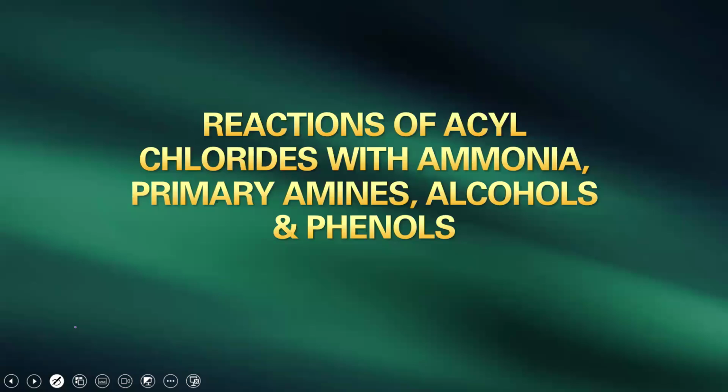They themselves are not very important, but they convert many compounds into useful organic compounds. So they are like a bridge connector. They are important organic reagents. Some of the reactions are now there: reactions of acyl chlorides with ammonia, primary amines, alcohols, and phenols. So now you have to give this heading.